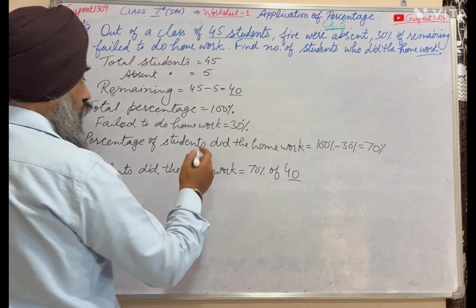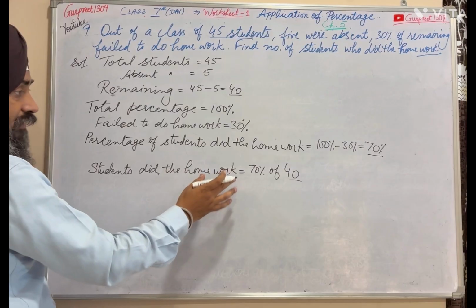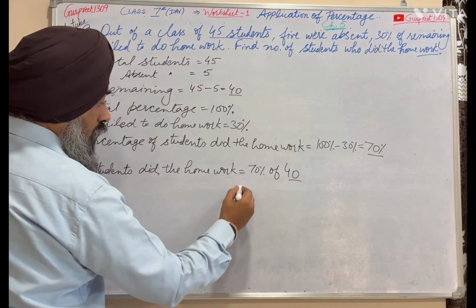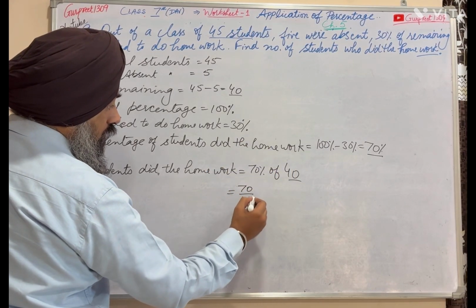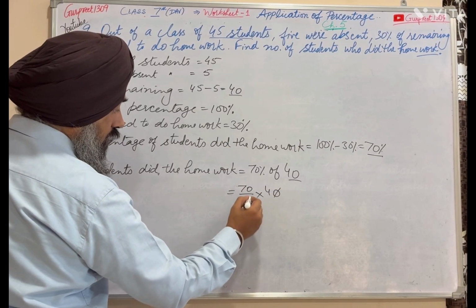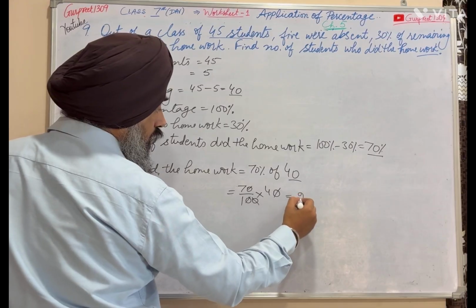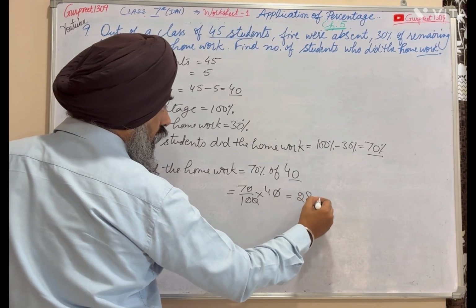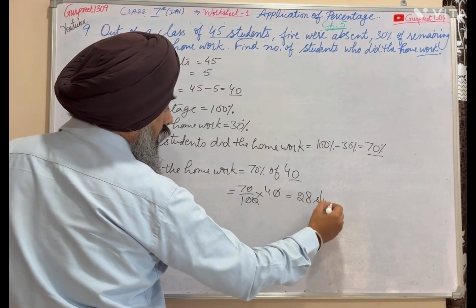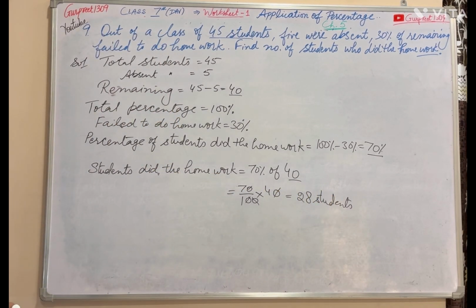We directly apply 70% of 40. So 70 upon 100 multiplied by 40, zeros cancel, and 7 fours are 28. 28 students did the homework. So this is the last question of this worksheet.